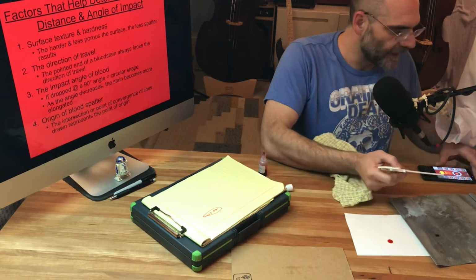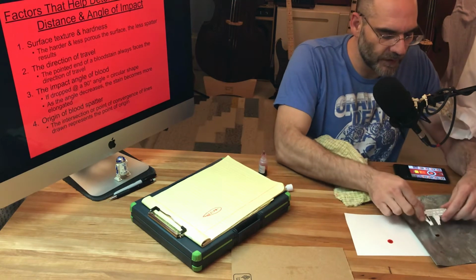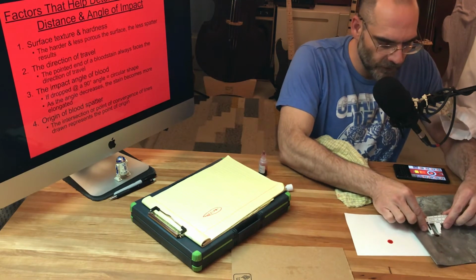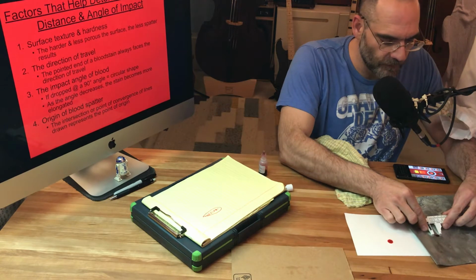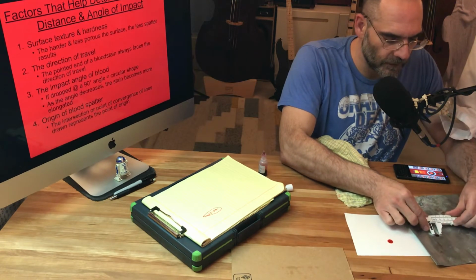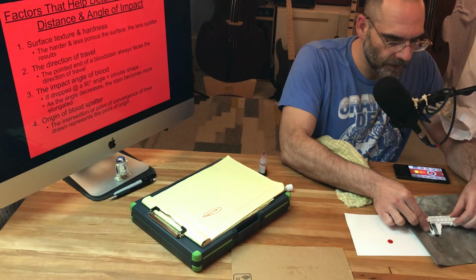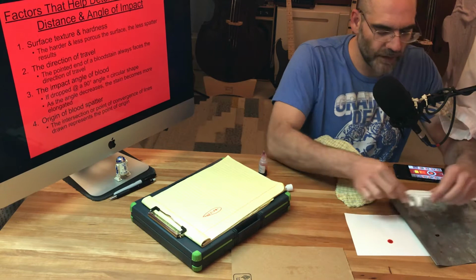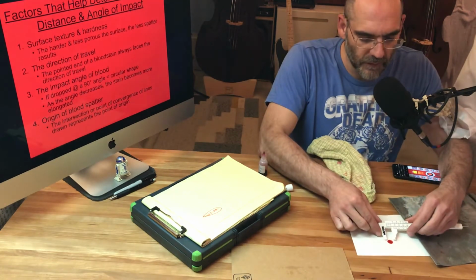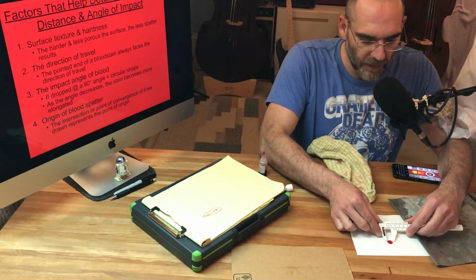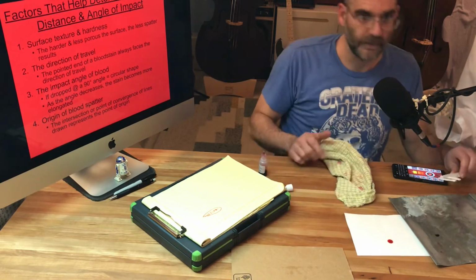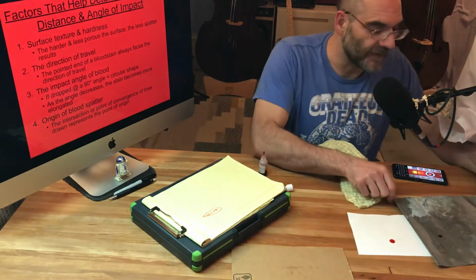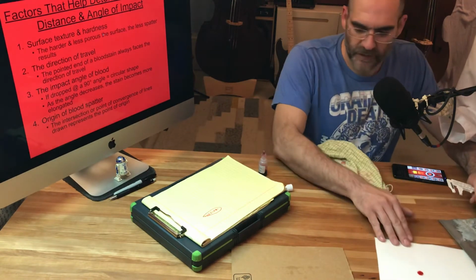I can eyeball it and see, but pretty much this guy is about, let's see, we've got to line this up to this zero, so it's about 22. This guy is sitting more at 27 millimeters, okay?